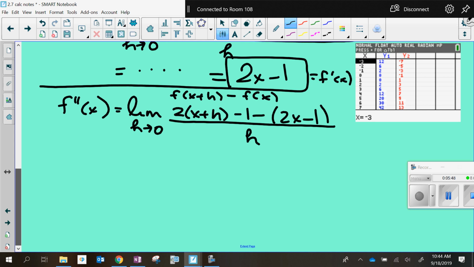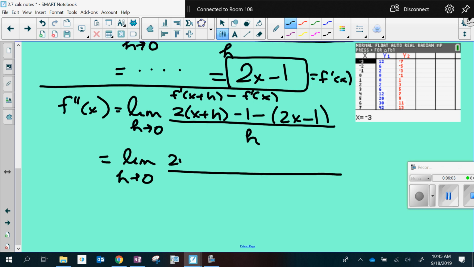Technically this is the prime, but don't worry about that. You're still using the same thing. So limit as h approaches 0. We already said 2x plus 2h. What's the rest of that look like? Minus 2x?